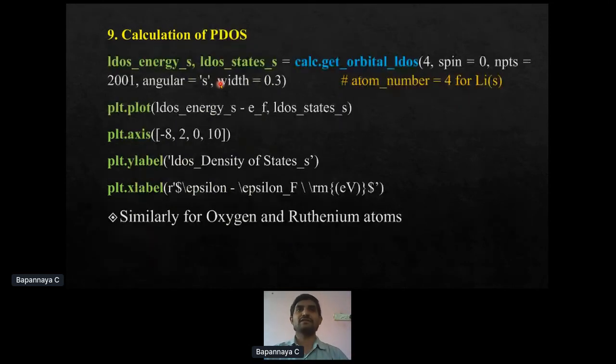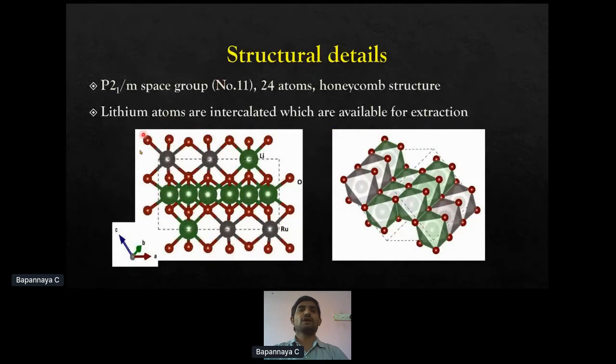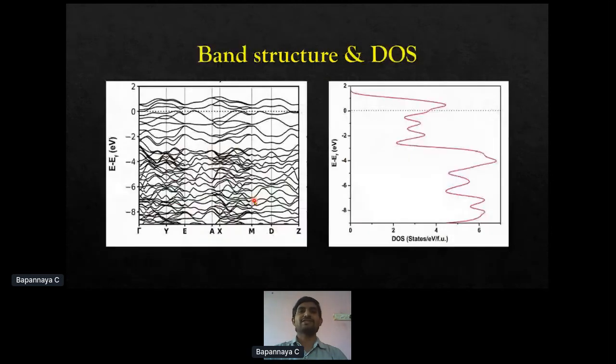Final computational results. So we have got the stabilized structure Li2RuO3, where it consists of 24 atoms, and it is a honeycomb structure. Here the lithium atoms are intercalated, which are available for extraction, and the band structure looks like this, and the DOS profile like this.